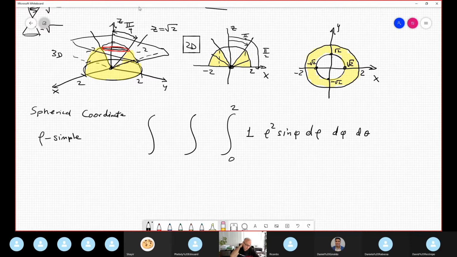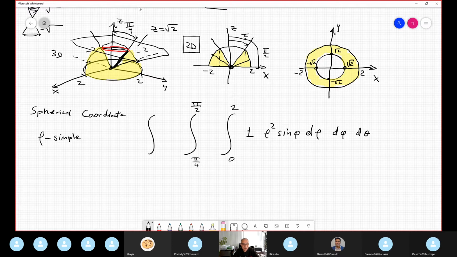So my solid goes from pi over 4. Okay, pi over 4 I suppose is the inner side of the solid to the last part, pi over 2. Remember, phi is a little bit complicated to understand because it is measured from the Z axis.